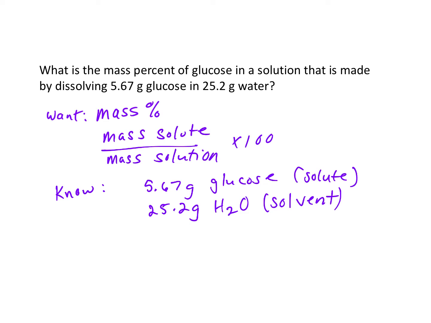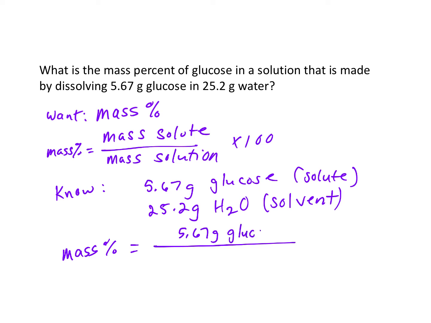And so I'm just going to write this into our mass percent equation, because that's what we're looking for. We're trying to find mass percent, right? So we're going to have 5.67 grams of the glucose solute over 5.67 grams of the solute plus the 25.2 grams of water.